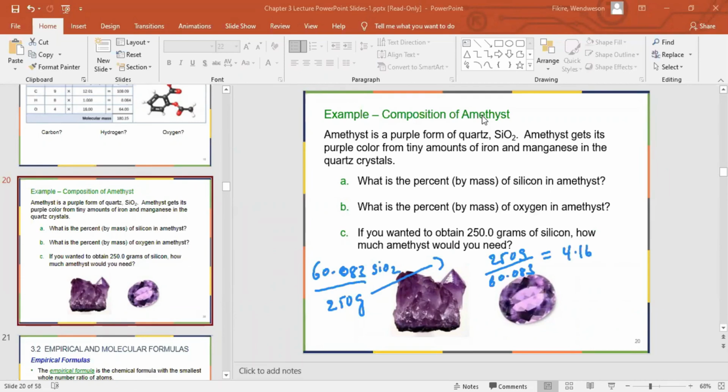Are we doing it as 4.2 instead? It's 4.1, moles. Mole of what? Silicon or silicon dioxide? Wouldn't it be the silicon dioxide?